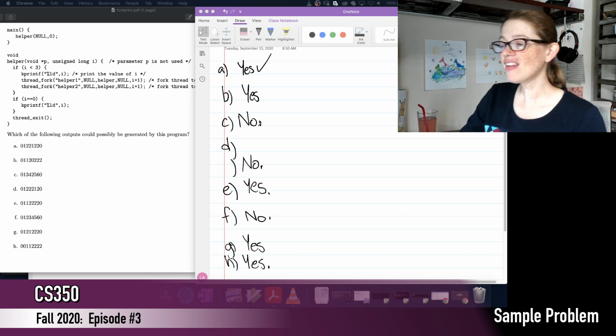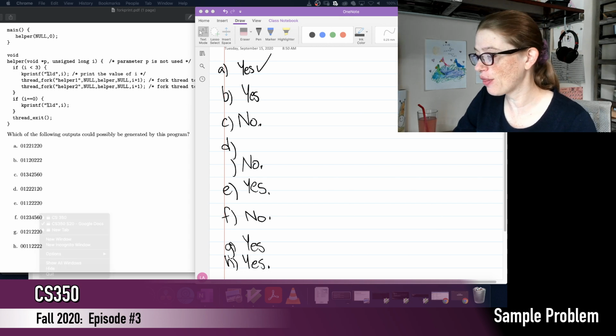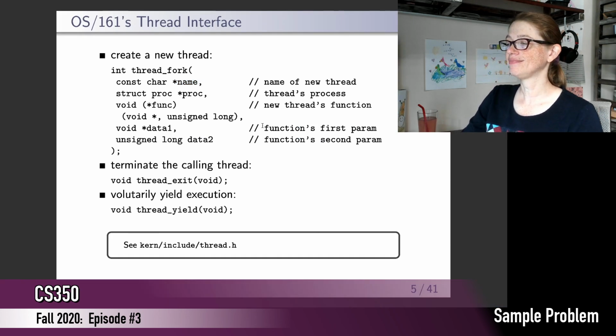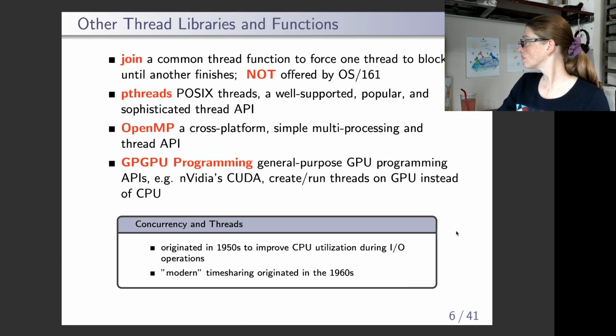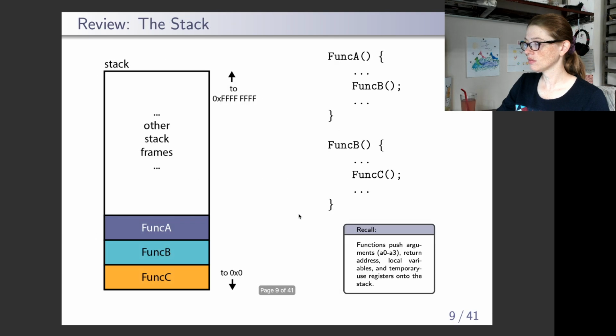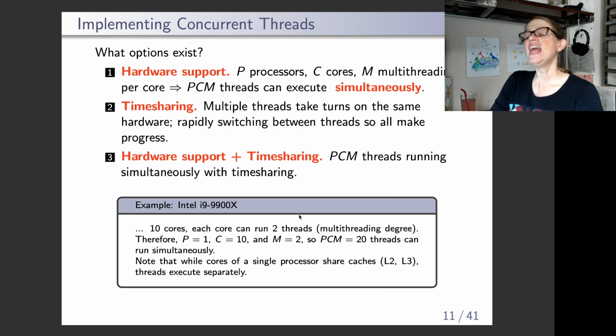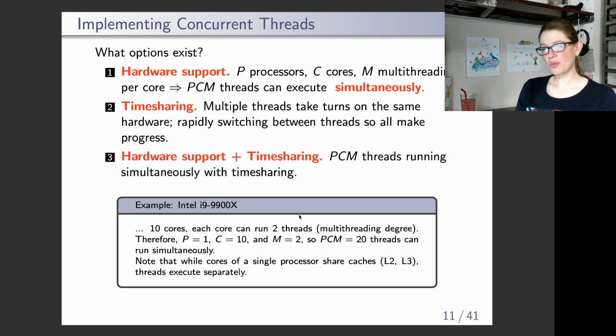So let's get back to talking about threads then. We've talked about how threads are created, and how they are sequences of instructions. But how do you actually run or implement concurrent threads?